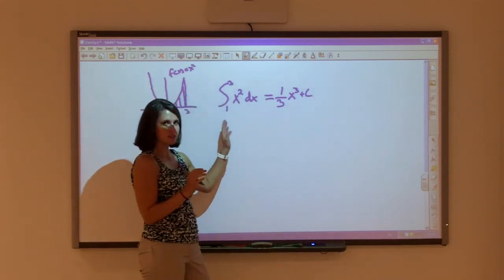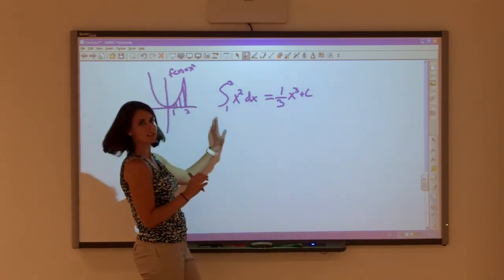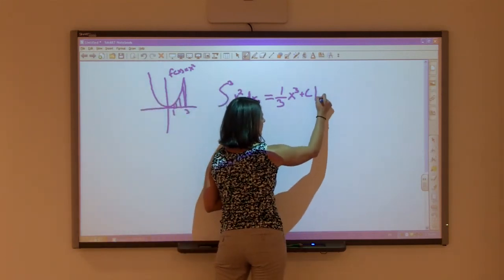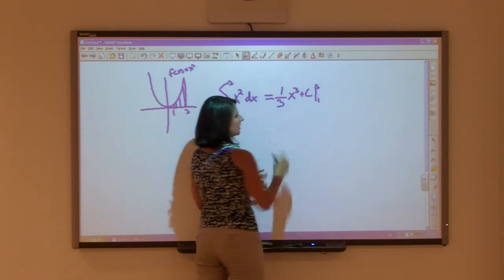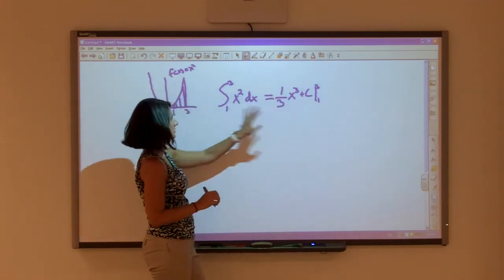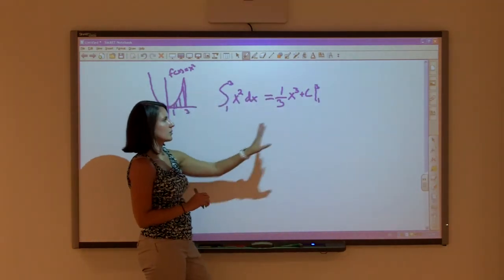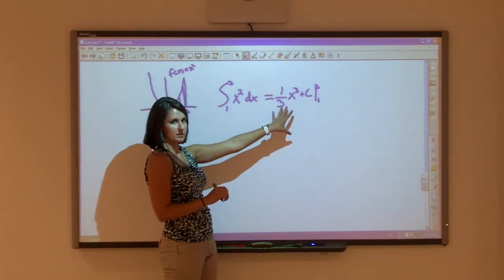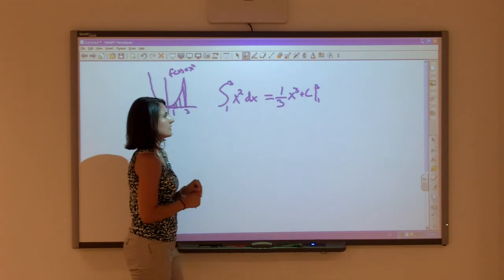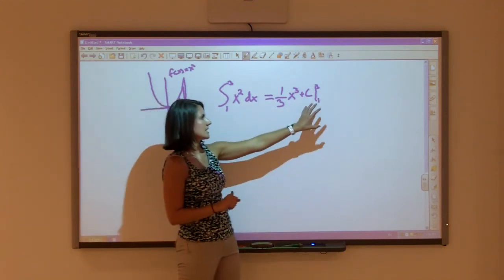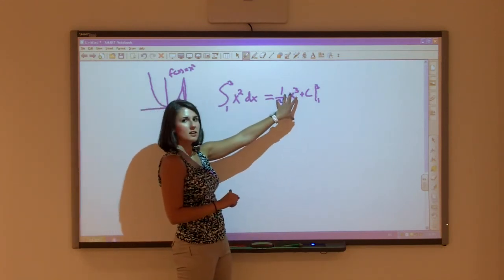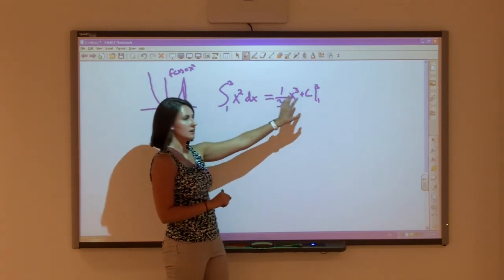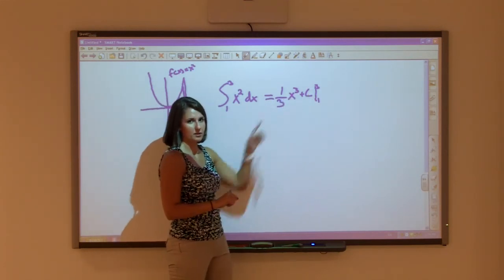Now, since we have bounds on our integral, we denote this by putting a bar and 1 and 3, just as they appear here, meaning we've taken the integral, but now we're going to apply our endpoints. So we're going to take the formula with x equal to 3 minus the formula with x equal to 1.